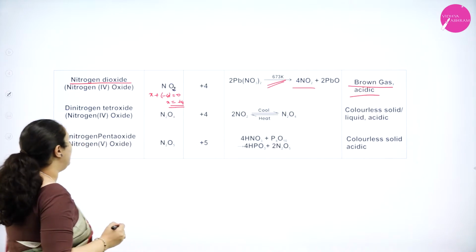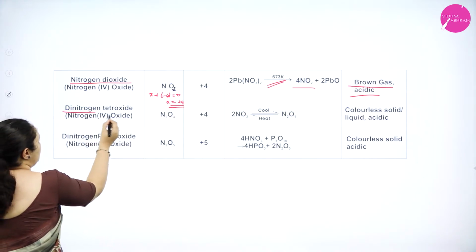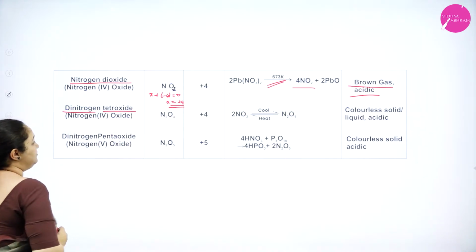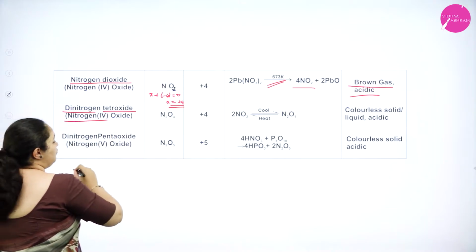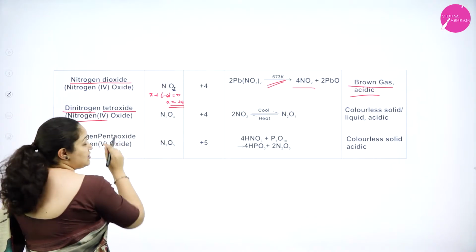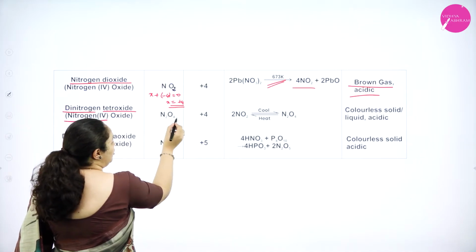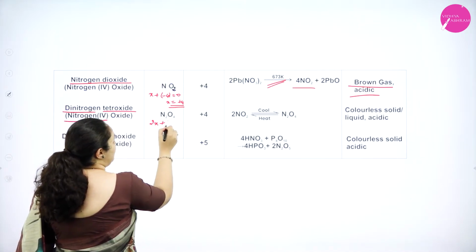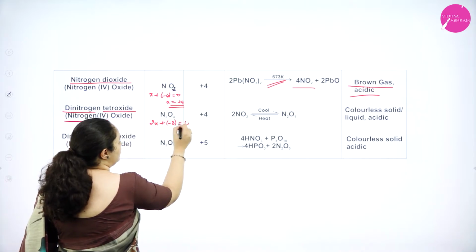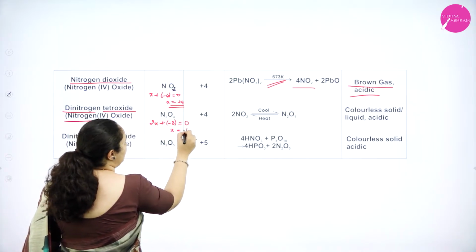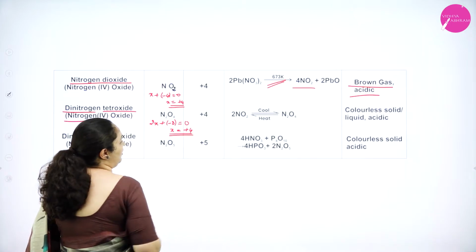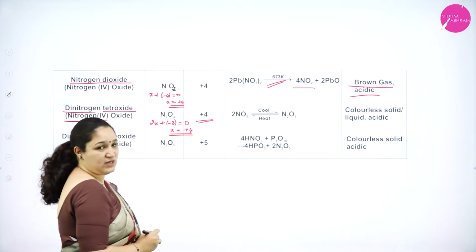So next one is dinitrogen tetroxide. This also is nitrogen 4 oxide, because nitrogen is in +4 state, and you can see here N2O4, that is 2x plus -8 is equal to 0. X will be equal to +4. So it is in +4 oxidation state.